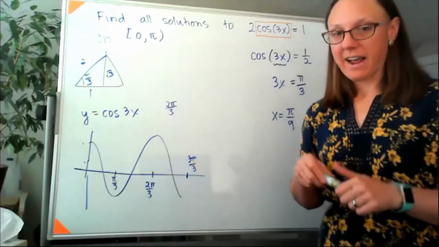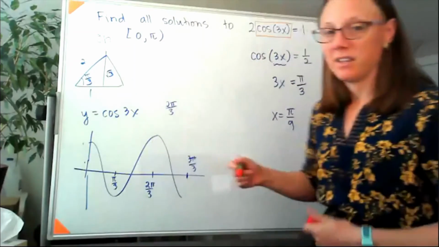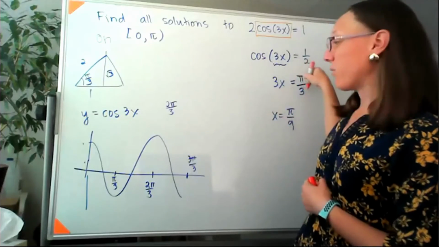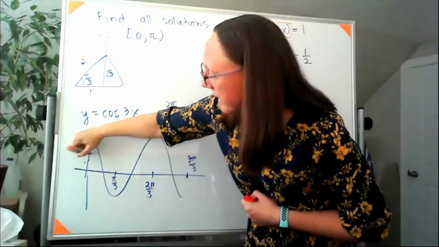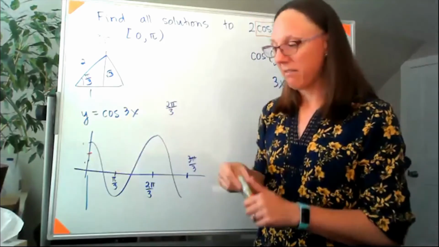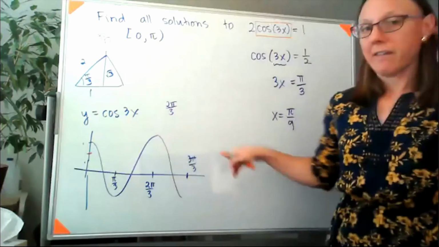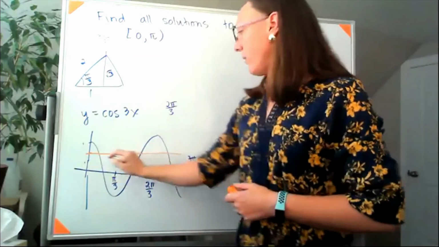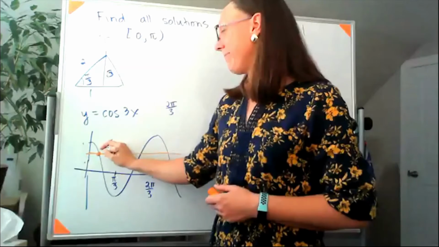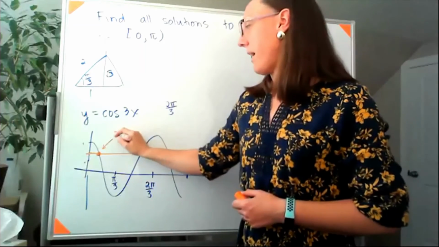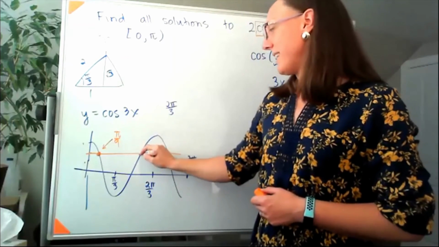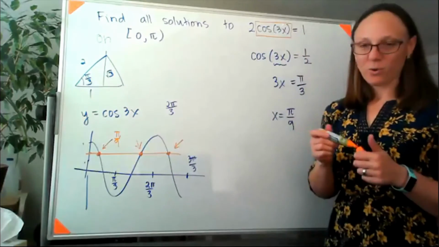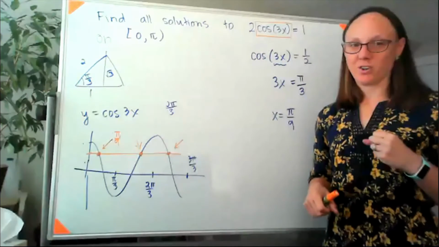So I am in fact expecting 3 solutions to this problem. Because if I'm now looking for where cosine of 3x is equal to 1/2, I'm looking at where the y value on this curve is equal to 1/2. And we found this one at pi over 9, but we didn't find either of these yet. So I know that we should end up with 3 answers.